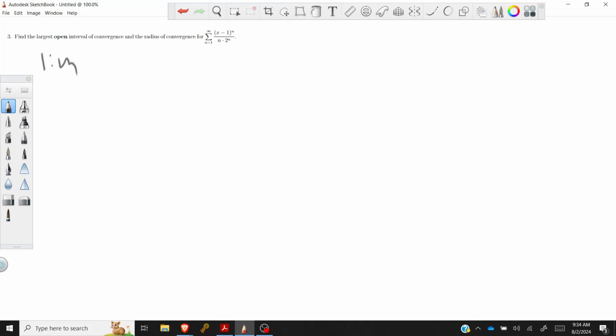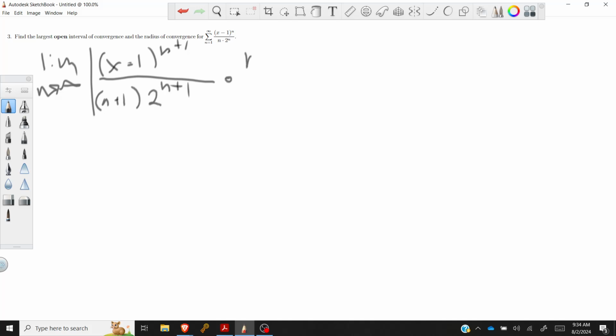So let's take the ratio test of this series. It's going to be x minus 1 to the n plus 1 all over n plus 1 times 2 to the n plus 1. Then we're going to multiply by the reciprocal. Now we're going to simplify.